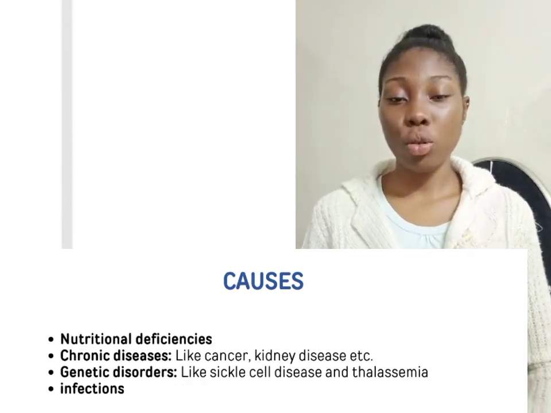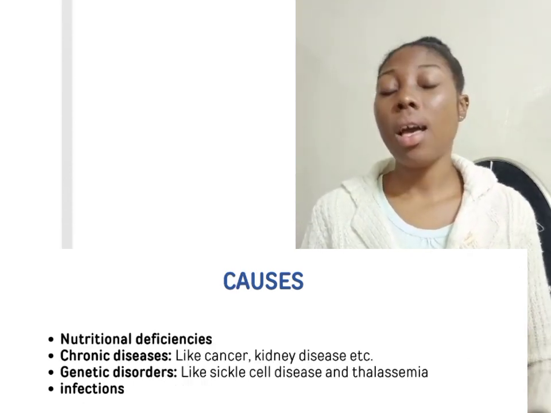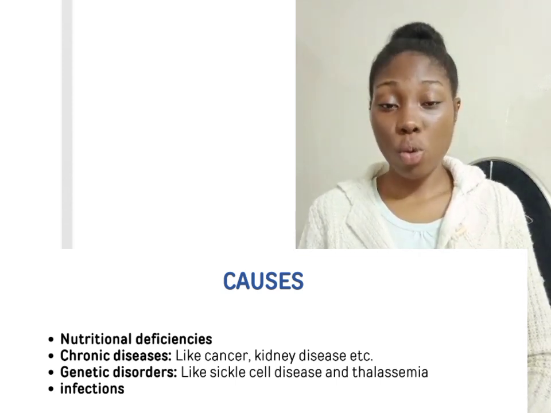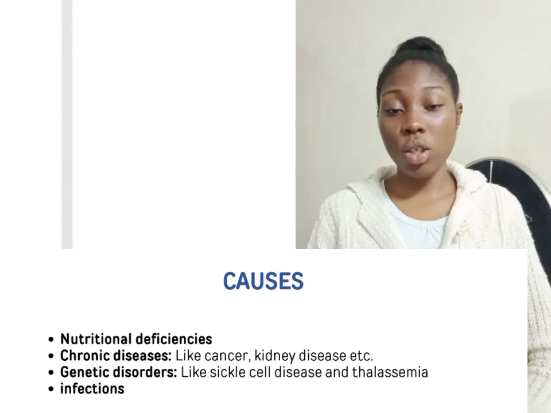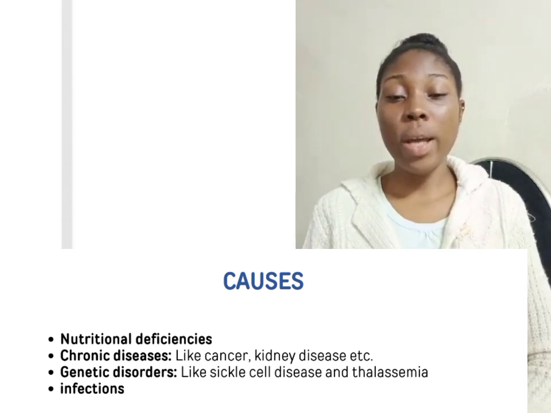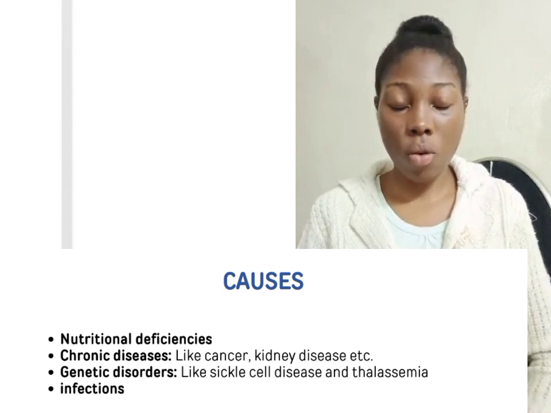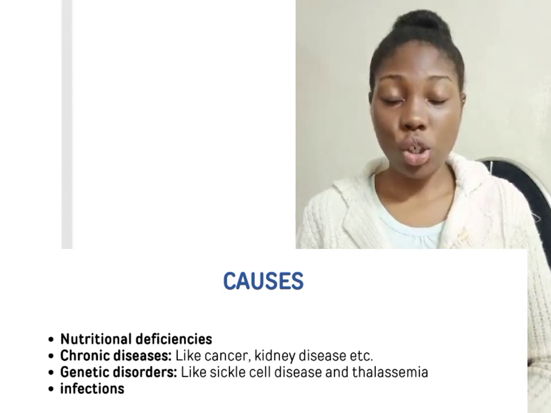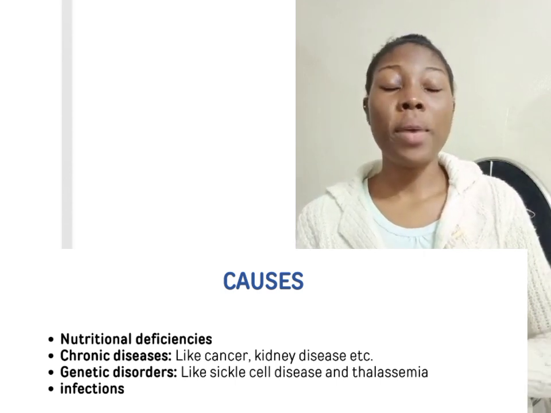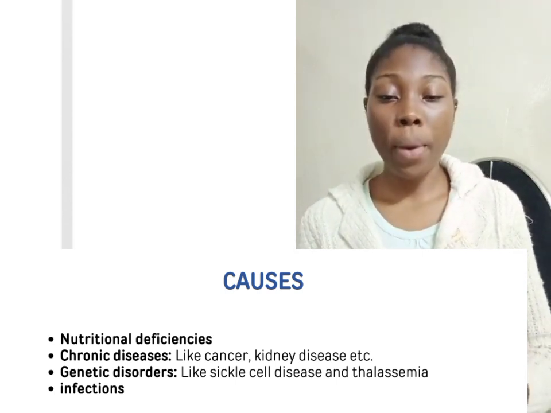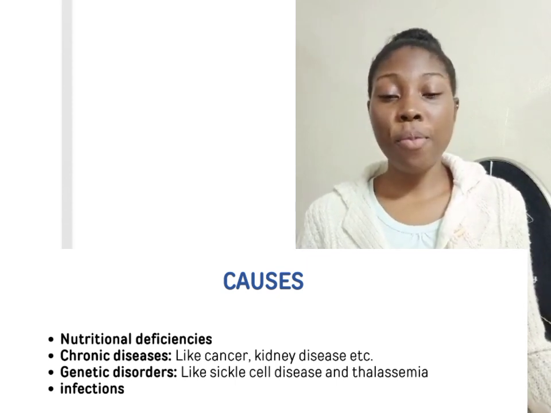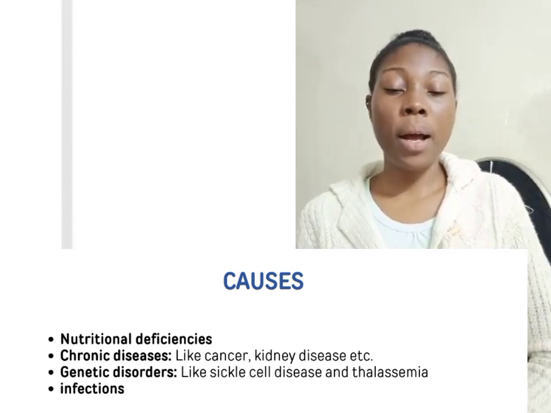Moving now to the causes of anemia. As earlier mentioned, we have chronic diseases like kidney problems. We have also cancer. We have hereditary diseases. We also have autoimmune responses of the body where the body attacks itself. We have nutritional deficiencies. Here the child might lack some important vitamins which help in the production of red blood cells and may lead to a type of anemia.